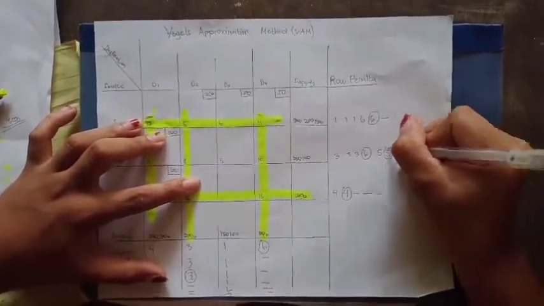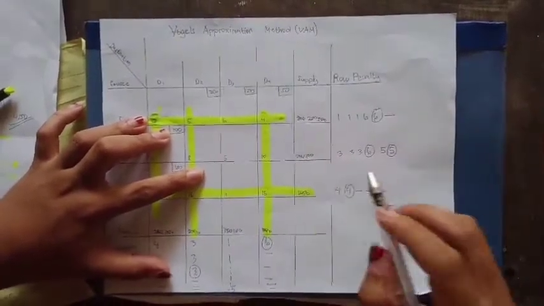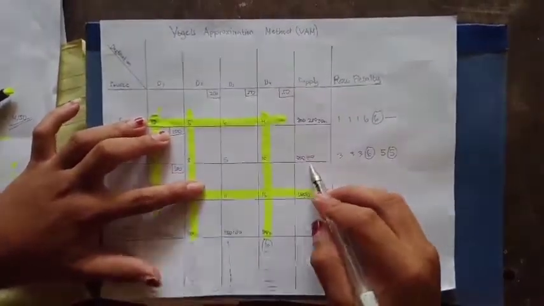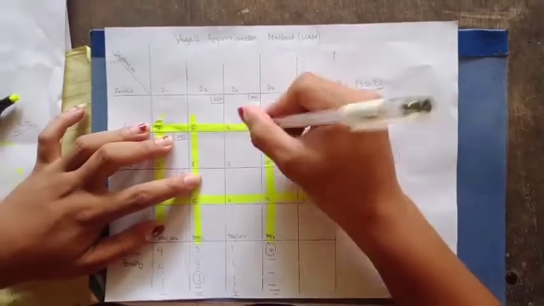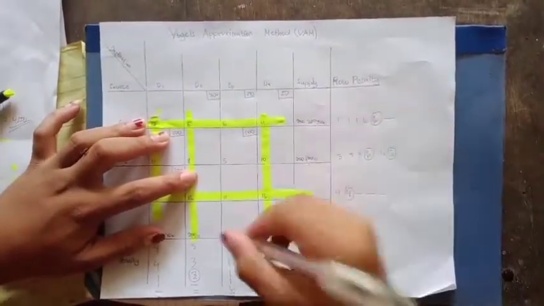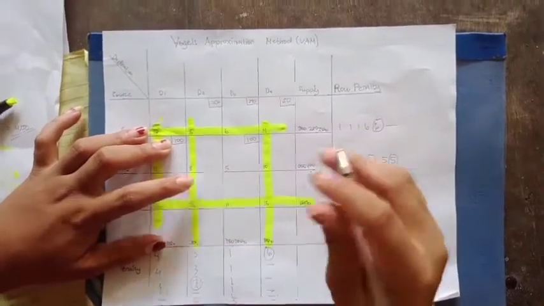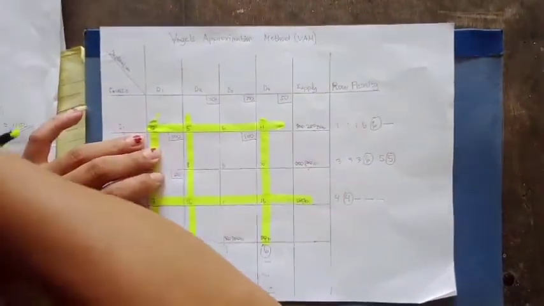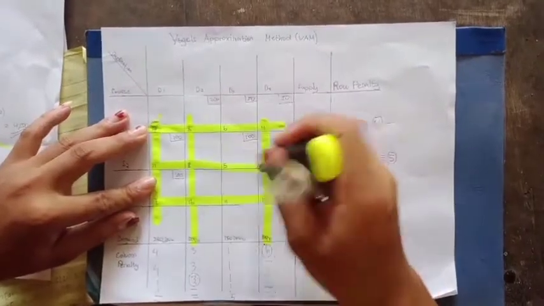Then here, dito tayo pipili. So we have 100 supply and 100 demand, so we need to allocate 100 here. So this will become 0, and then this will become 0, and all will be satisfied.